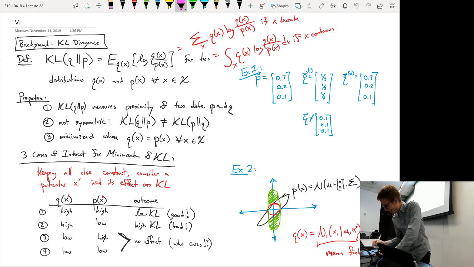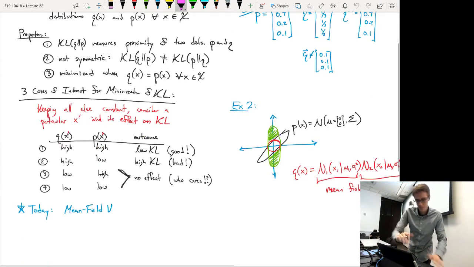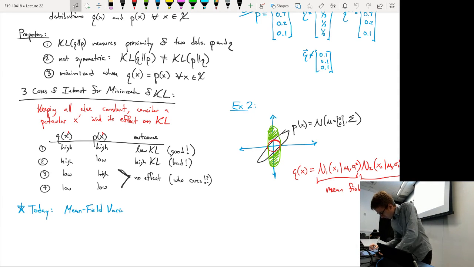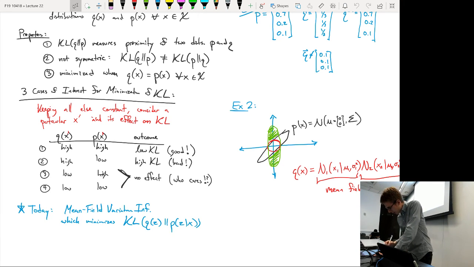Great. So let's make one more point here. I wasn't actually planning on making this point, but today we talk about mean field variational inference, which minimizes KL of Q of z, P of z given x. And next lecture, I just don't plan on talking about it.